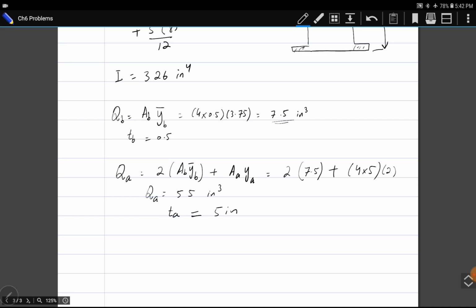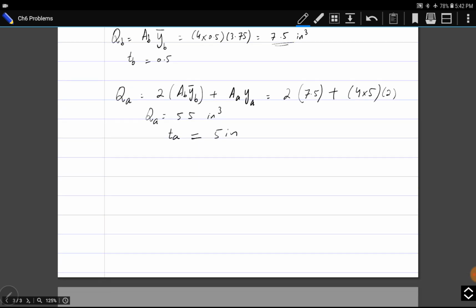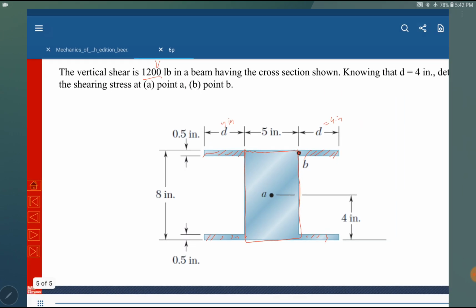Now TA is known to us, TB is known to us, V is known to us, and I is known to us. So shear stress at A is equal to V QA over I TA. V is given in the problem: 1200 pounds.